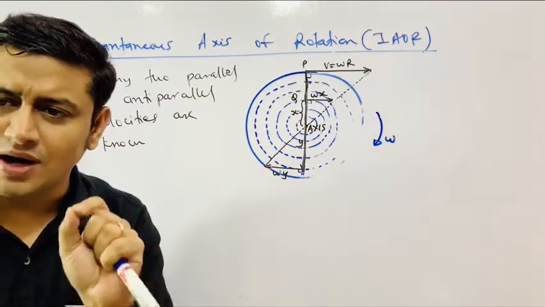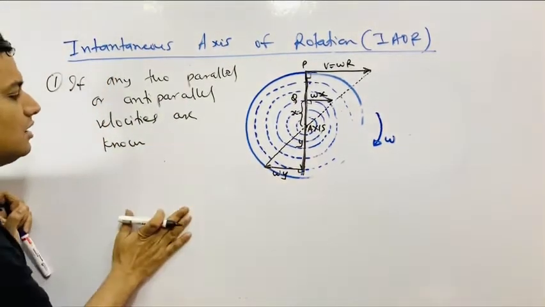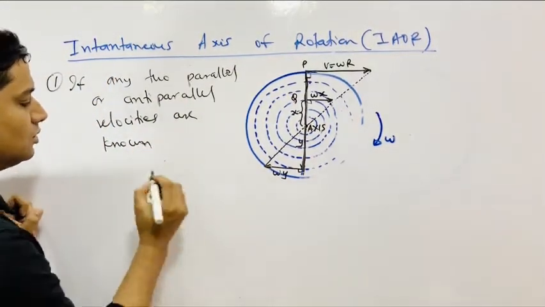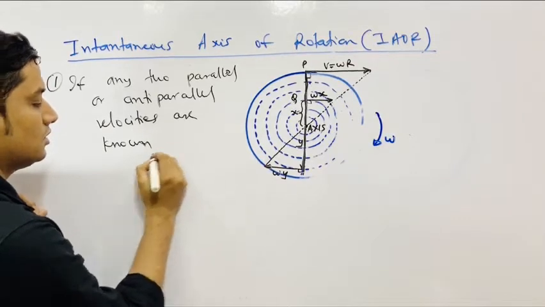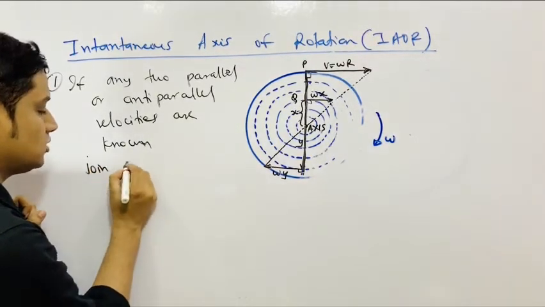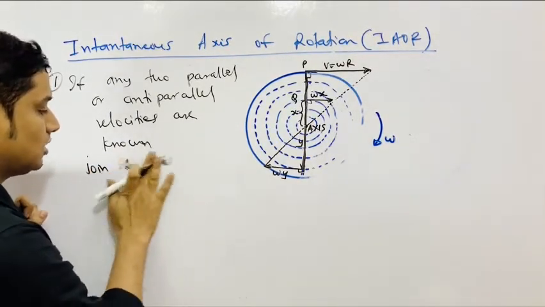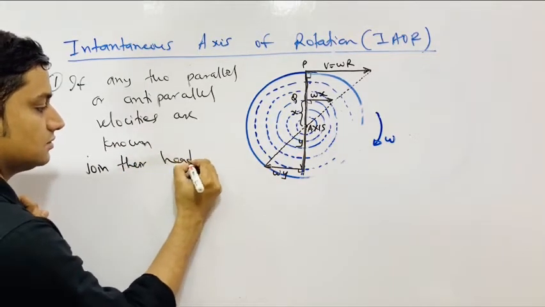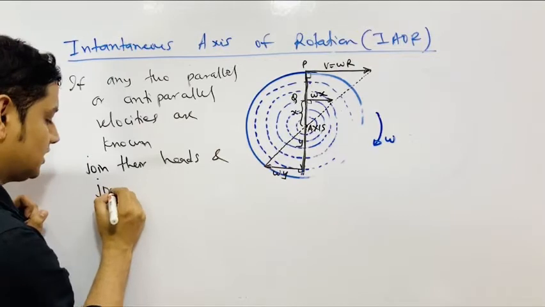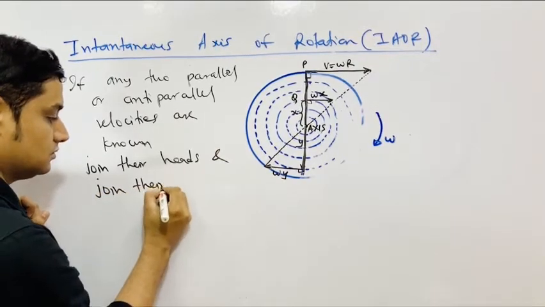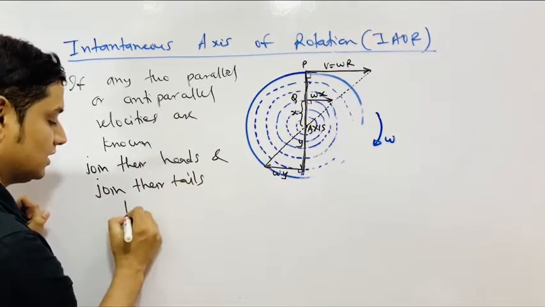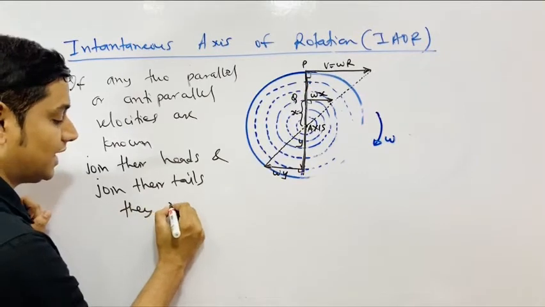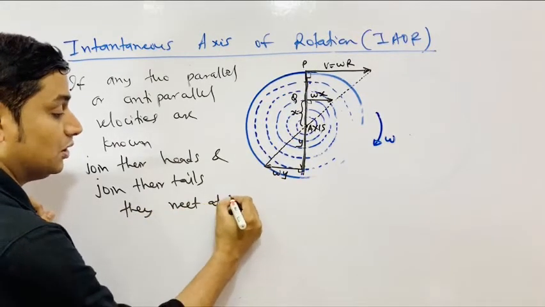If any two points whose velocities are parallel or anti-parallel are known, then join their heads and join their tails. These two lines meet at the pure axis of rotation.